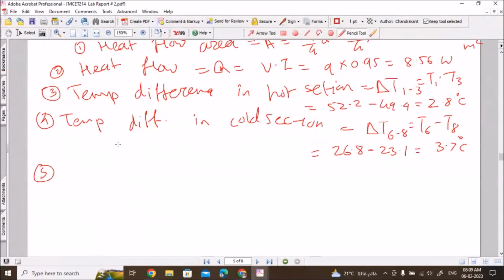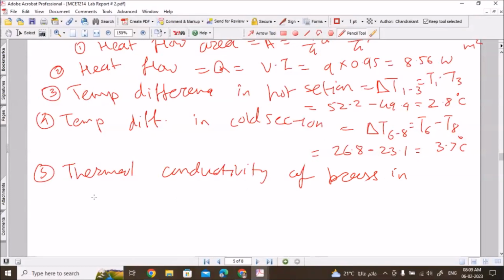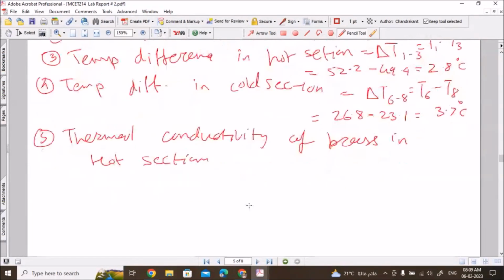I know the temperature difference. I can find out the thermal conductivity of brass in cold section and hot section. So I can find both here, 7 and 6. So K hot is equal to Q by A delta X 1 to 3 divided by delta T 1 to 3.